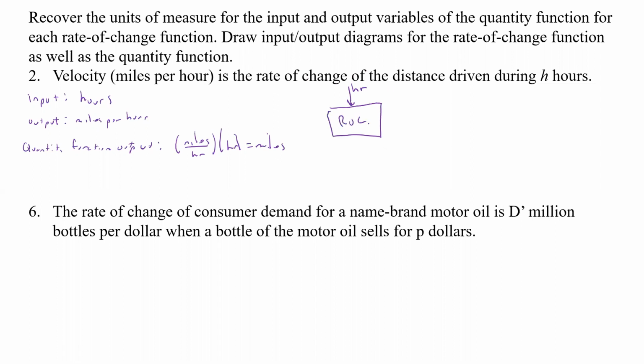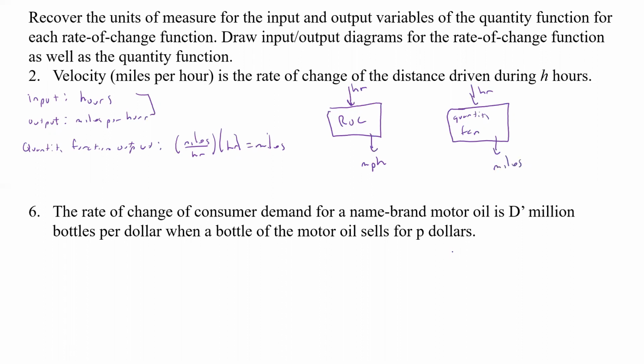We have our rate of change, and we're coming out with what? Miles per hour. And that's what we said here. Now it says, okay, if we have our input, again, if it's hours, and now we have our quantity function, what's coming out here? Well, what's coming out is miles.